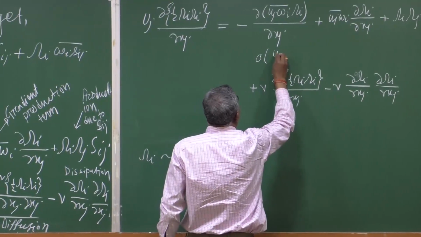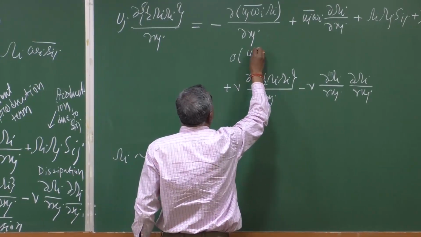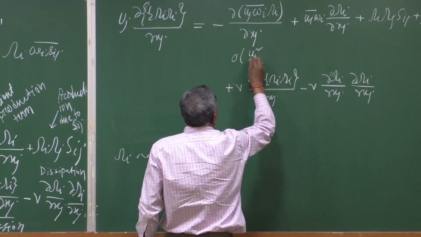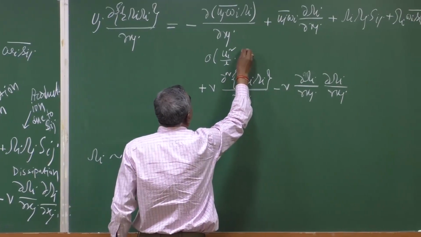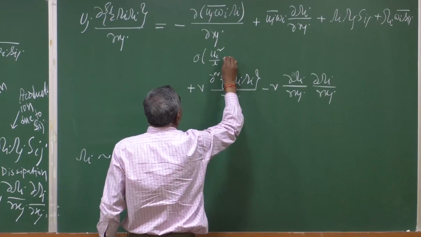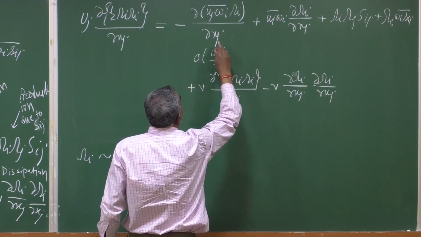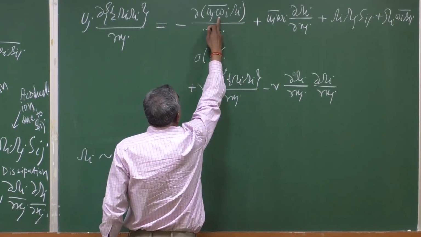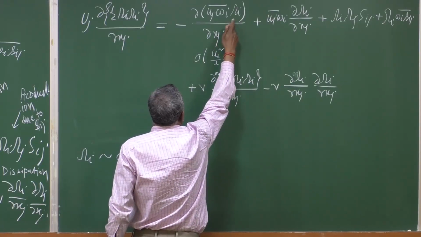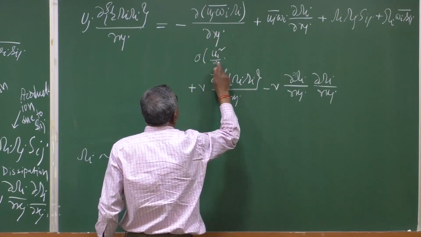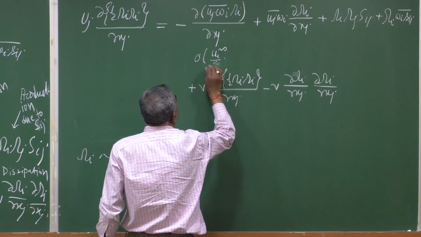Okay. So, the order of magnitude of this particular term is u_t squared by L, into u_t by L, and into 1 by L. So, u_t cube by L cube.